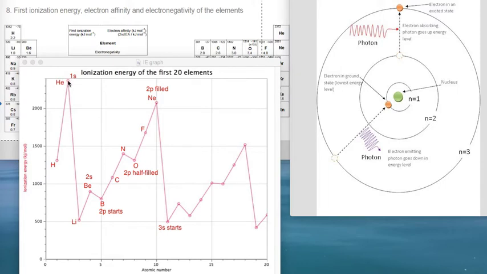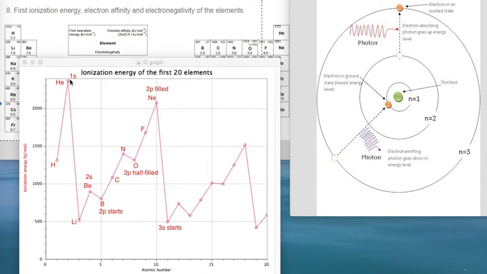If we think about that in terms of electron configurations, helium would be 1s2, which means the s orbital is completely filled. So we have this peak at a completely filled orbital.